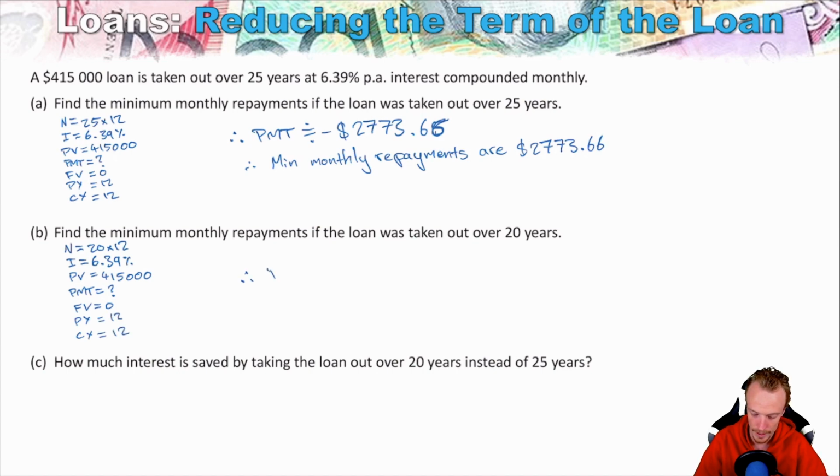So let's go ahead and get this PMT. 20 by 12. So this one, you can see that it does increase. Depending on your financial situation, this increase could be rather significant.